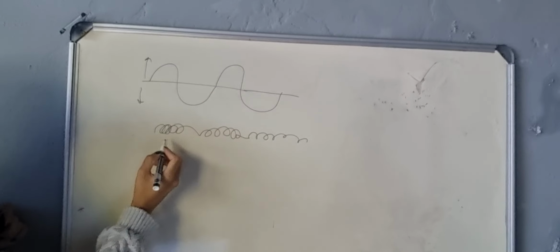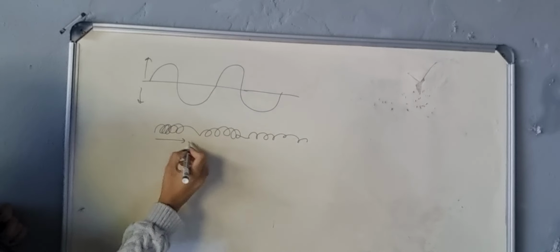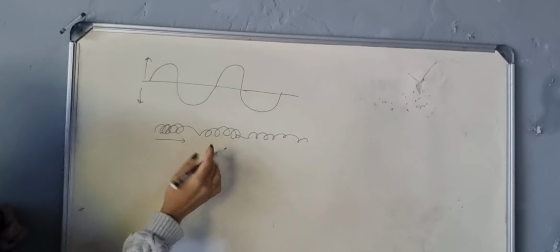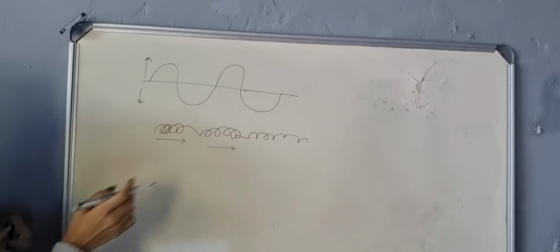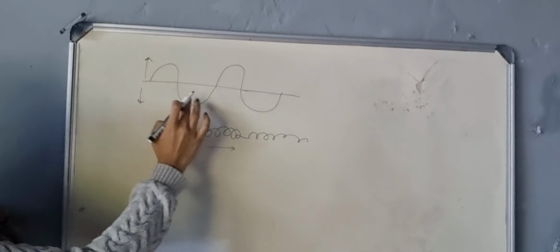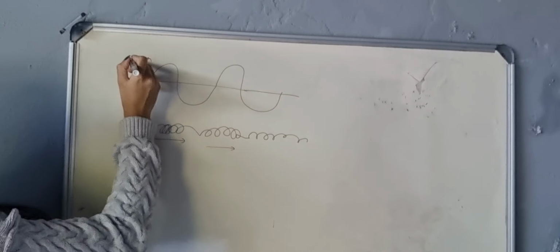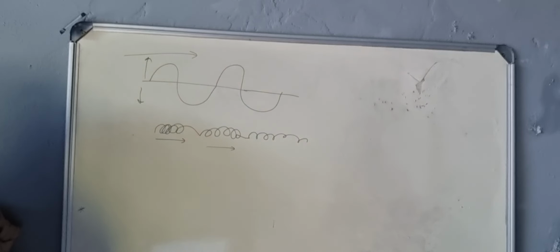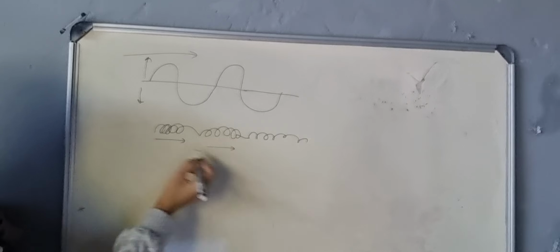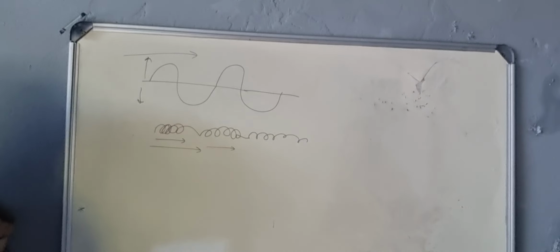The motion of a longitudinal wave is going to the right each time. But the direction of movement of this transverse wave is to the right-hand side. The direction of movement of a longitudinal wave is also to the right-hand side.